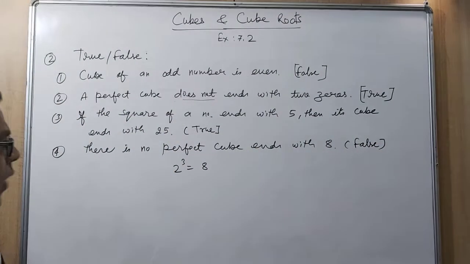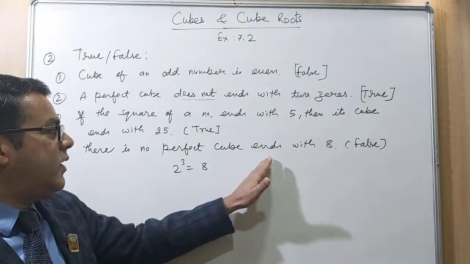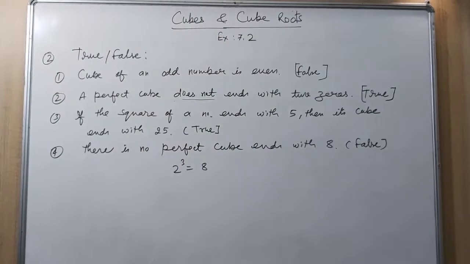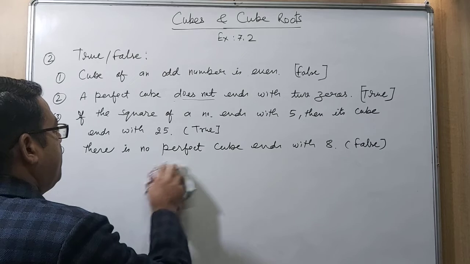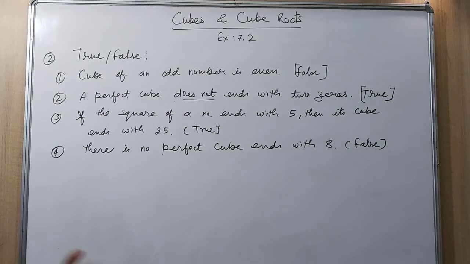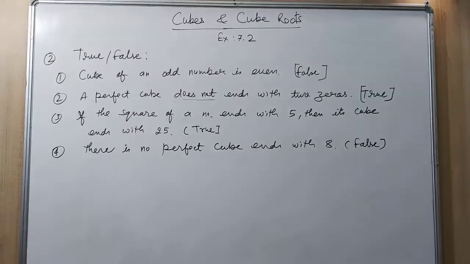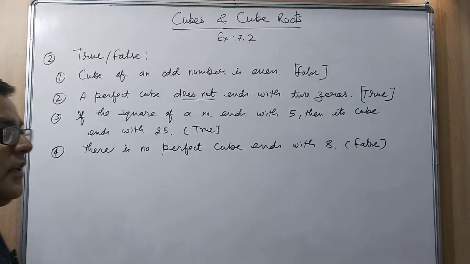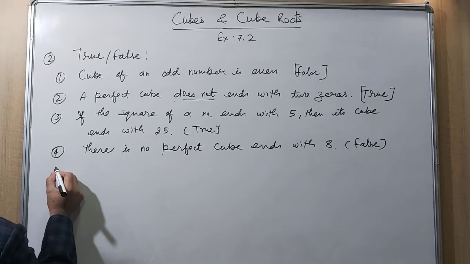The cube of 2 ends with 8. That's why this statement is false, because "no" is written there: there is no perfect cube. It is not true. Yes, there is a perfect cube which ends with 8. The cube of 2 you can write as an example.